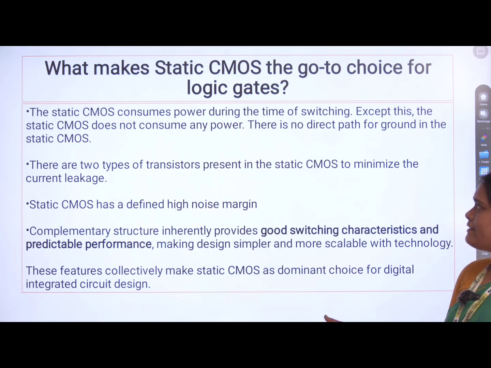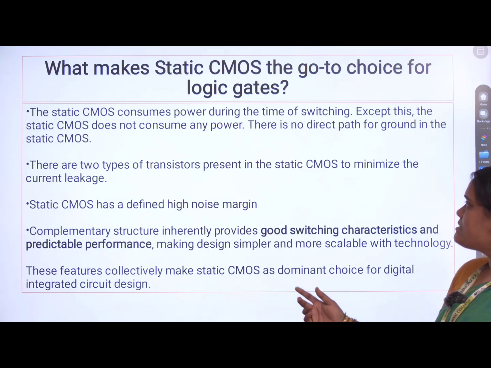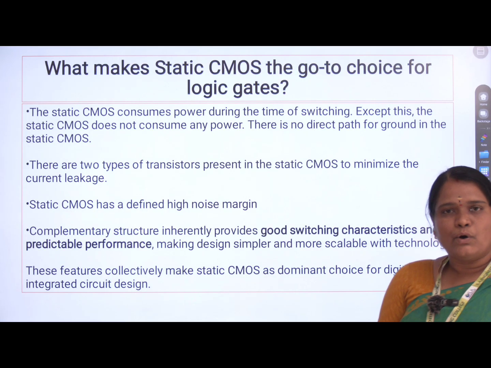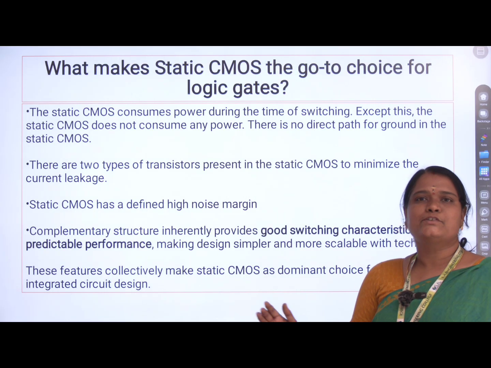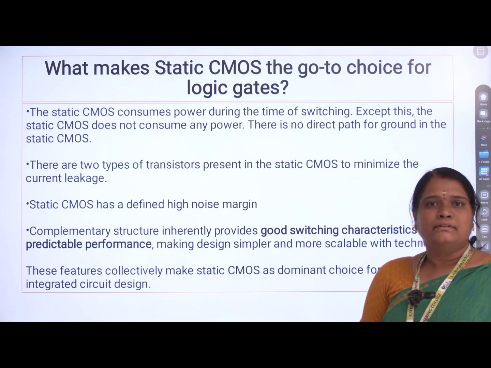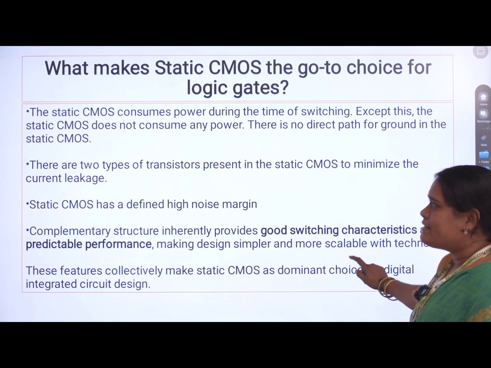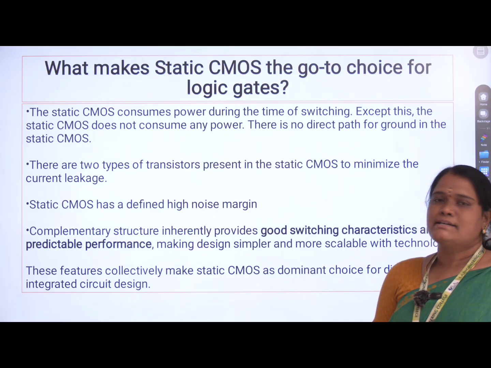The reasons behind selecting CMOS are that static CMOS consumes very low power because it consumes power only during switching. At other times there is no direct path created, so it reduces static power consumption.